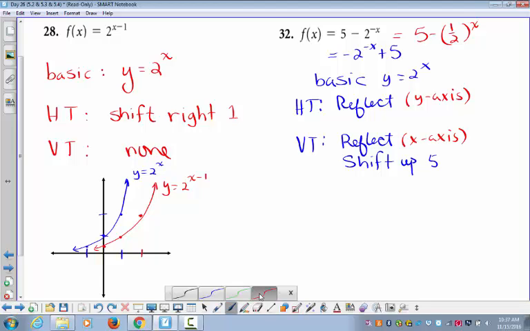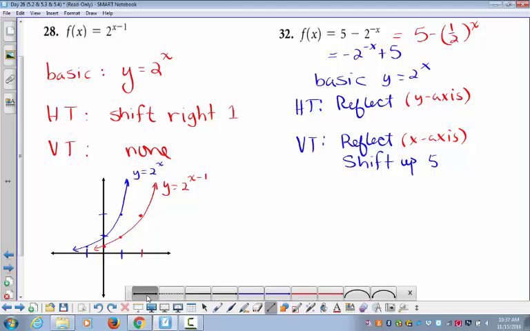And those don't necessarily cancel out. At least one person on the test said, oh, there's two reflections on one of the problems. And I was like, yeah, there's two reflections. And sometimes they do cancel out, but they do not always cancel out. So just because you see both of those there, don't just say, oh, I can just ignore those. Sometimes they'll cancel out, sometimes they don't.